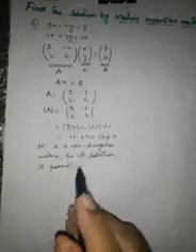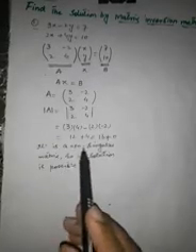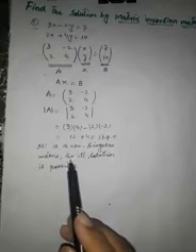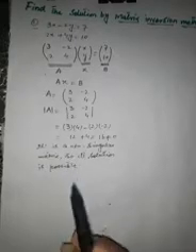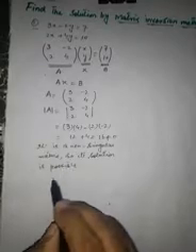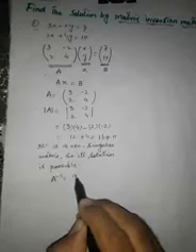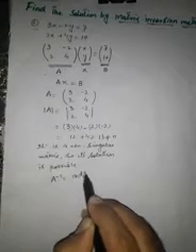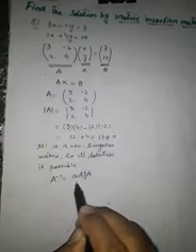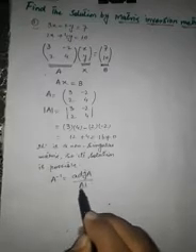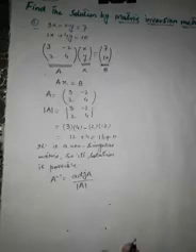This method is a little bit different from the previous one, in which we have to find the inverse. Its formula is A inverse is equal to the adjoint of the matrix A divided by the determinant of A. And how can we find the adjoint?